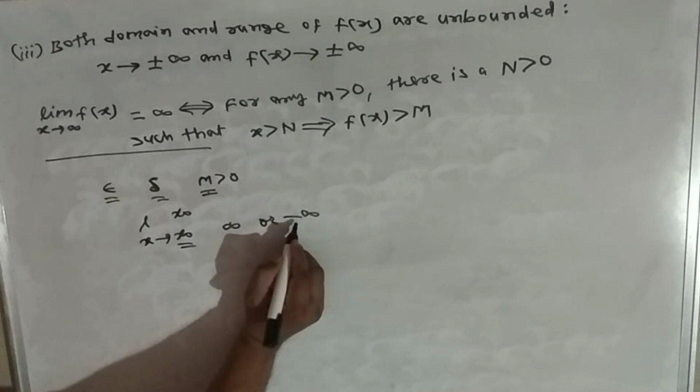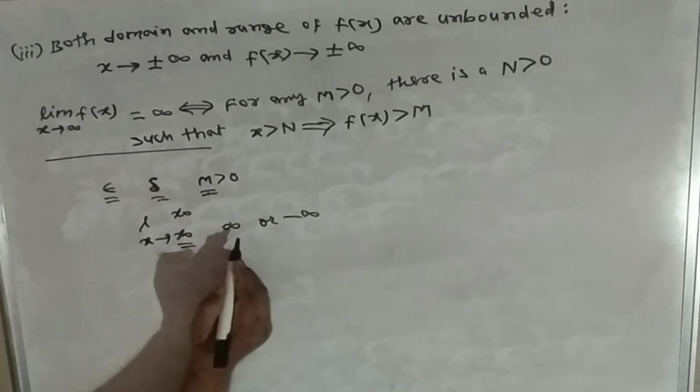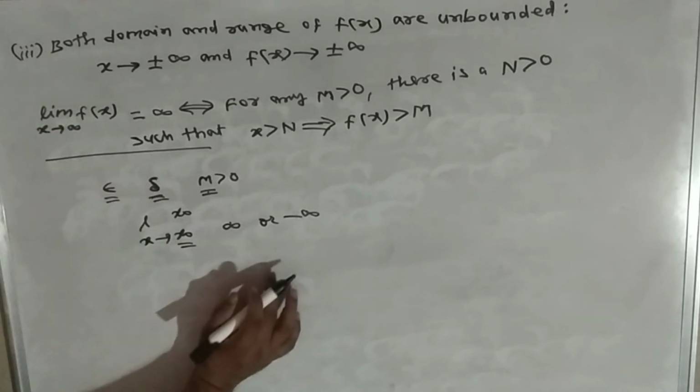Now there is no neighborhood of x0, and hence another m is used for this delta. And in the second, m plays the role of epsilon, and in this third, m plays the role of epsilon and n the delta neighborhood.